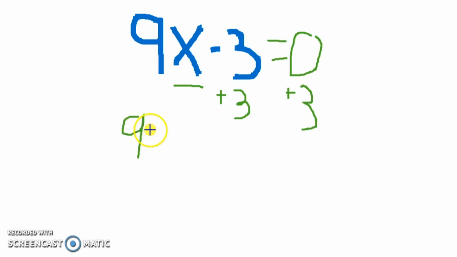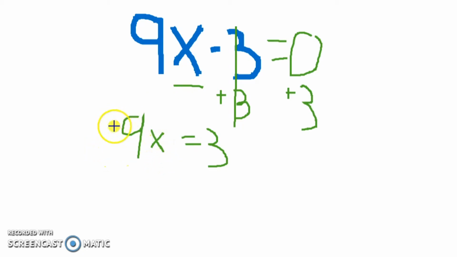That's going to leave us with 9x. Now these 3's cancel, is equal to 0 plus 3, which is 3. So 9x equals 3. But we're not quite done yet, because our x isn't alone.